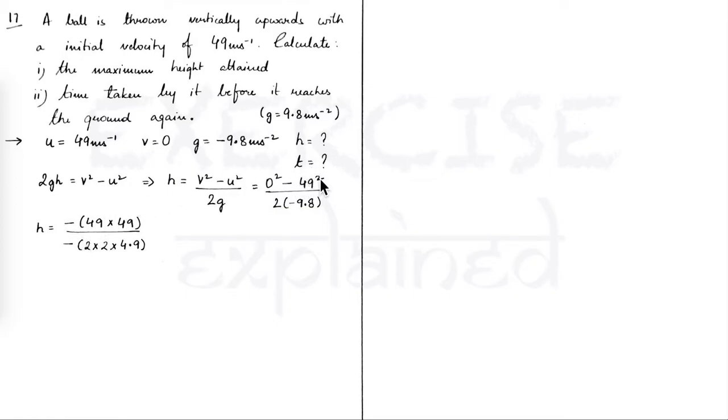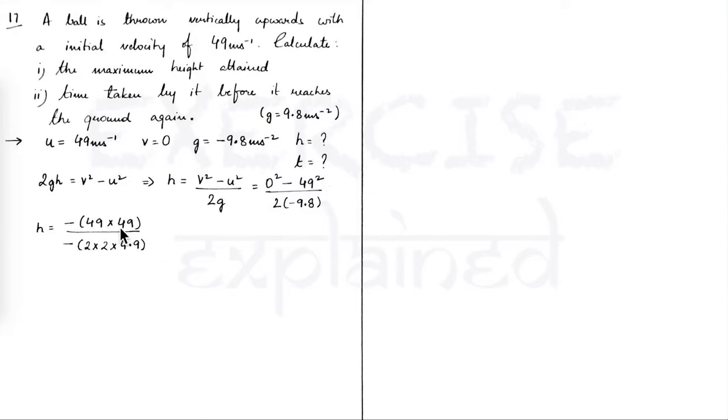So minus 49 square can be written as minus of 49 into 49. Now 9.8 is twice 4.9. Do remember this. This is the trick. So minus of 2 into 4.9. So 9.8 I have written as 2 into 4.9 so that it is easier for me to cancel things.